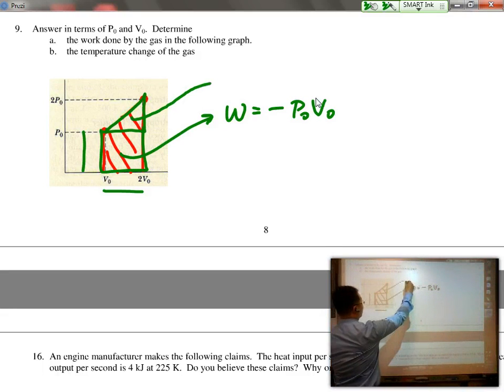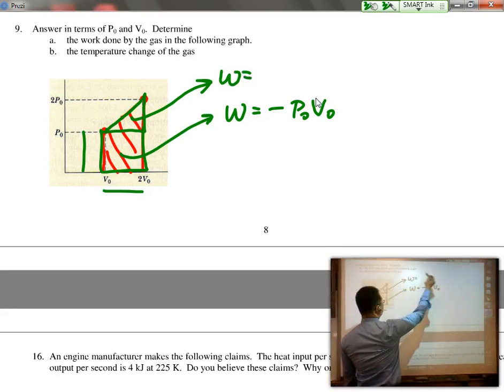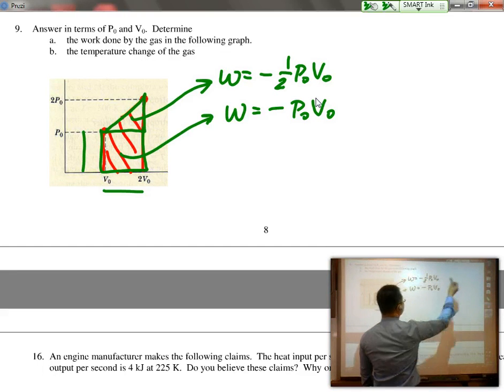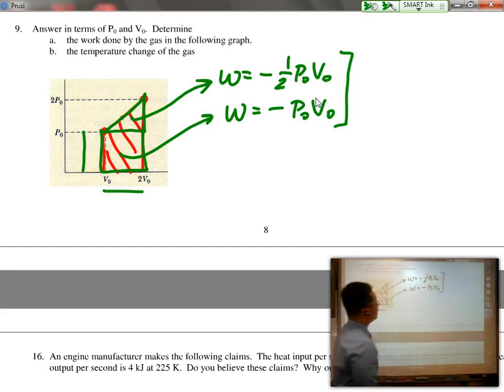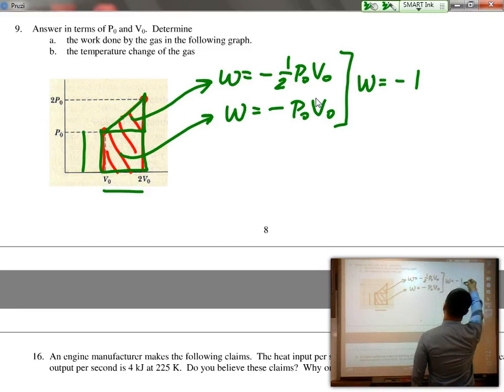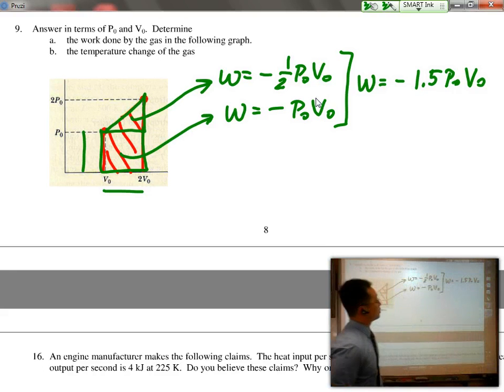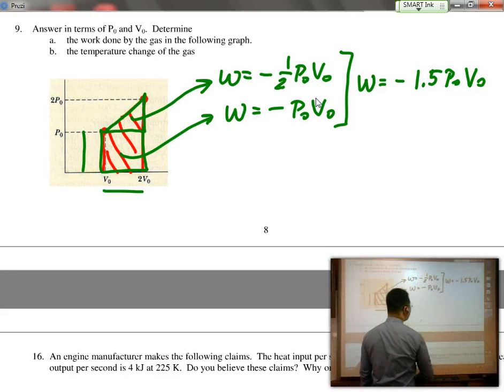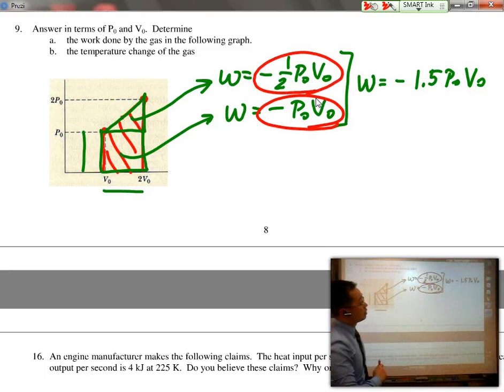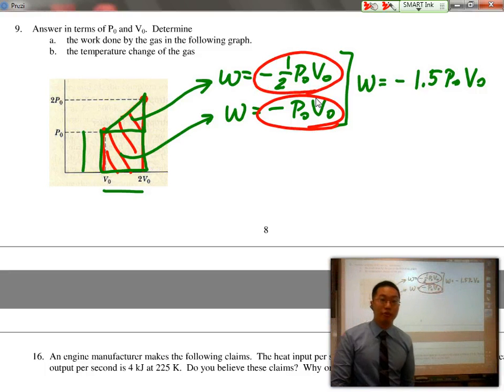The work during this part where it's half is going to equal negative 1/2 PO VO because it's a triangle. So the total work being done in this area would equal negative 1.5 PO VO, because you have 1 PO VO combined with a half PO VO to solve for the total work in a variable only question.